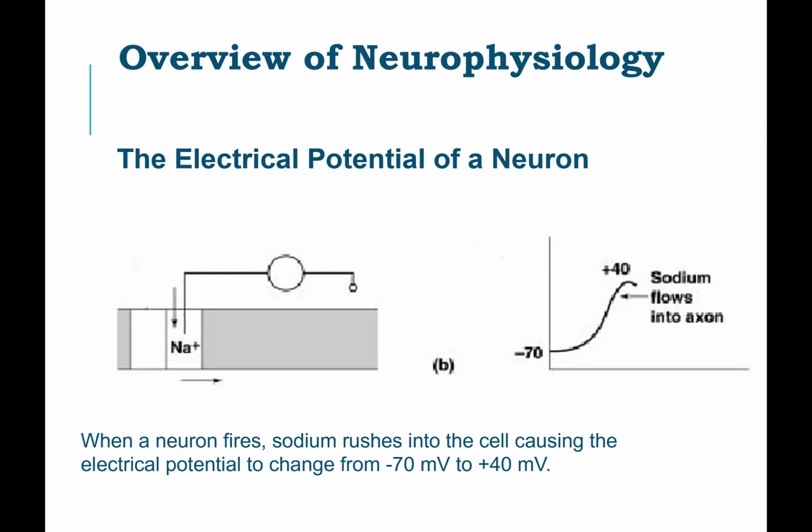So when the voltage goes even around minus 40 or something, they all suddenly open up. And when they open up, it allows a lot more sodium rushing inside of a cell, to the extent that there are more positive ions inside of a cell than there are negative ions.